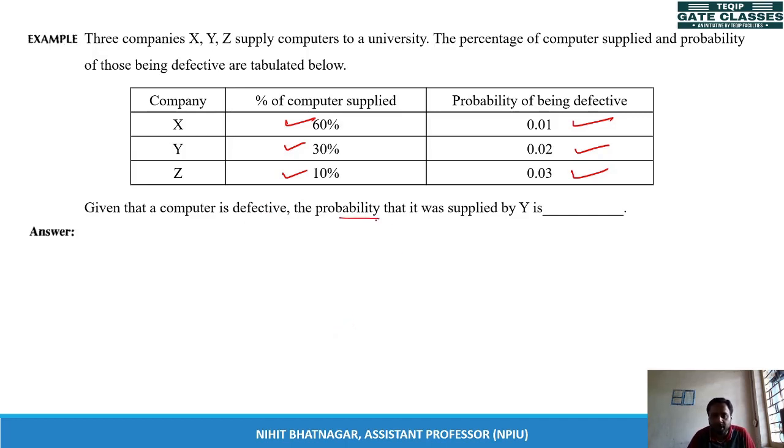So what is the probability that it was supplied by Y company?